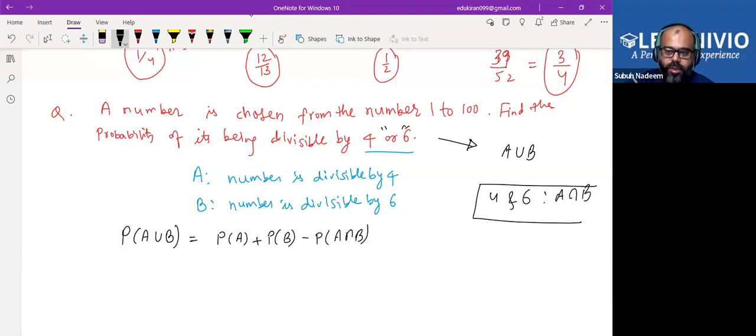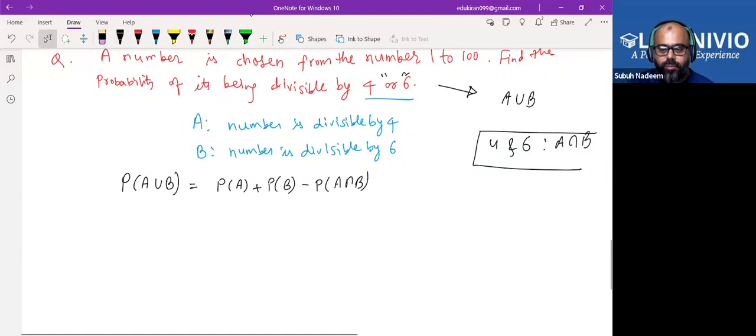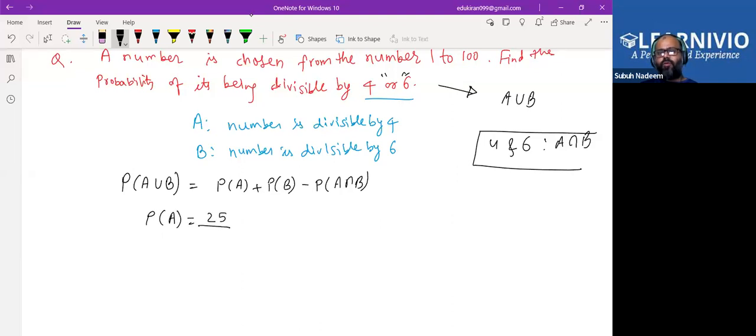So what is the probability of A first of all? Sir, I got 25. That is fine. It is actually not 25, it is 25 by 100, because divisible by 4, there will be 25 such numbers, right?